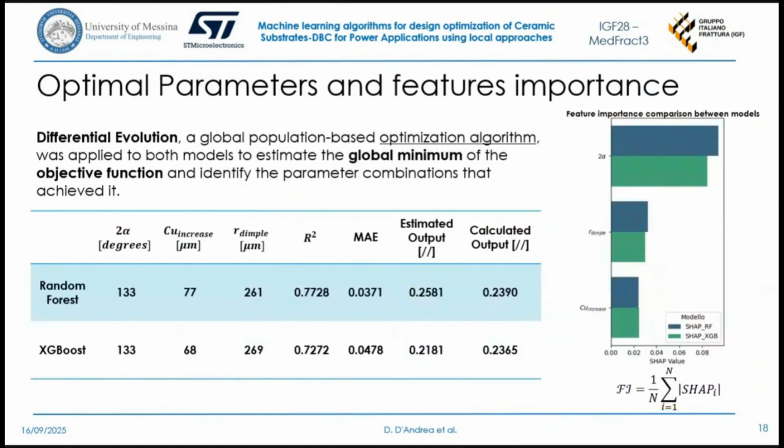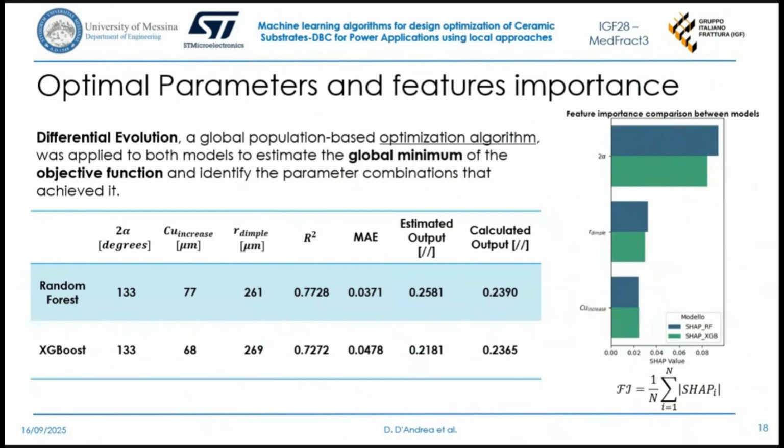In the end, we obtained the optimal parameters estimated from the model trained on our data, and they resulted to be coherent with what we expected and what ST already knew.